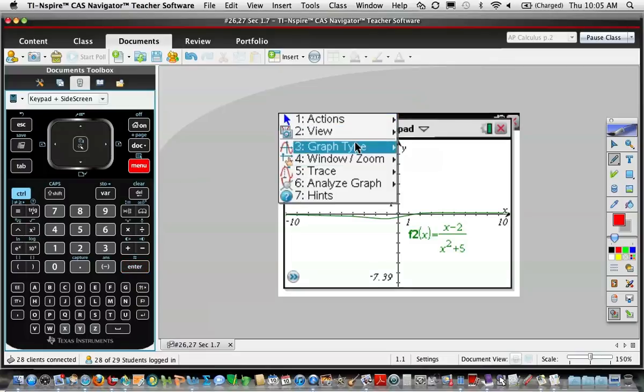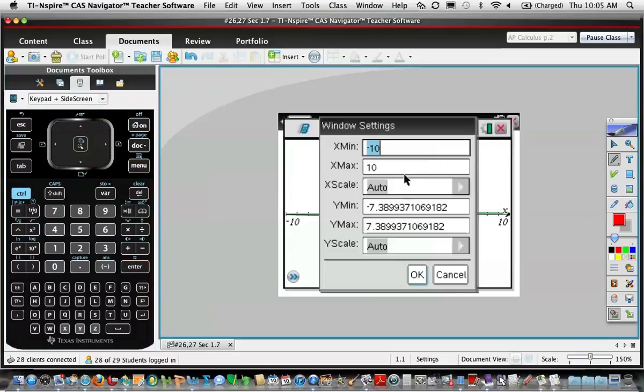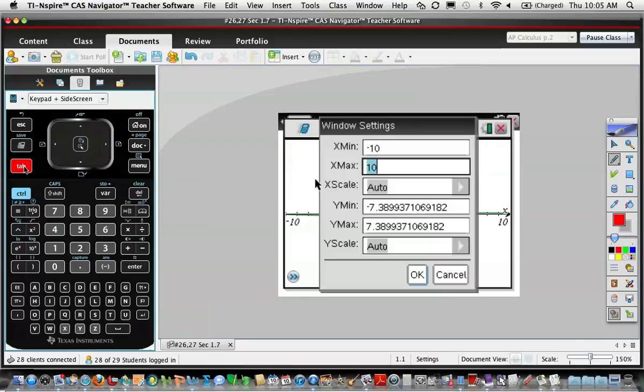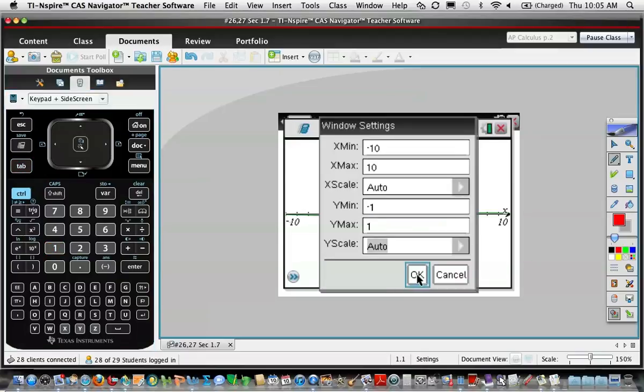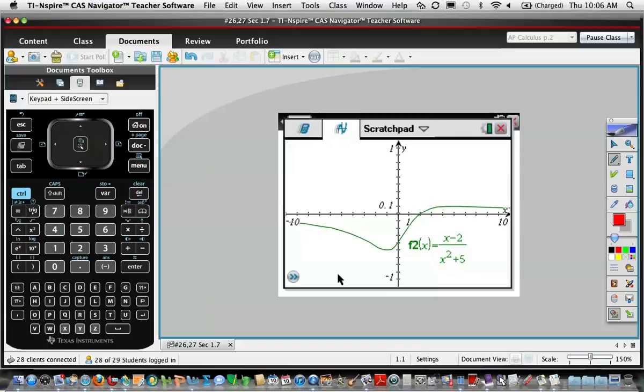So go into your window, go into your settings, and manually change the Y to say -1 and 1. It really is helpful if you do that, because then you get a graph that looks a little bit reasonable. Now there's another thing you can do that's kind of neat.